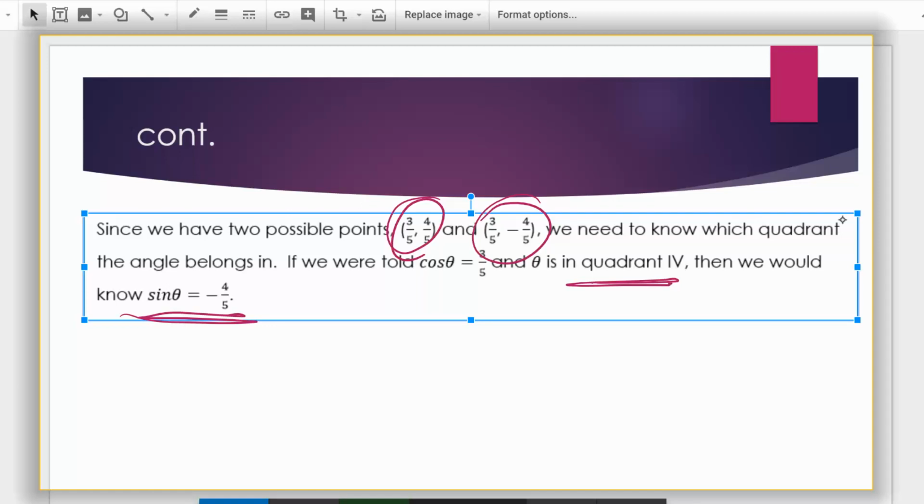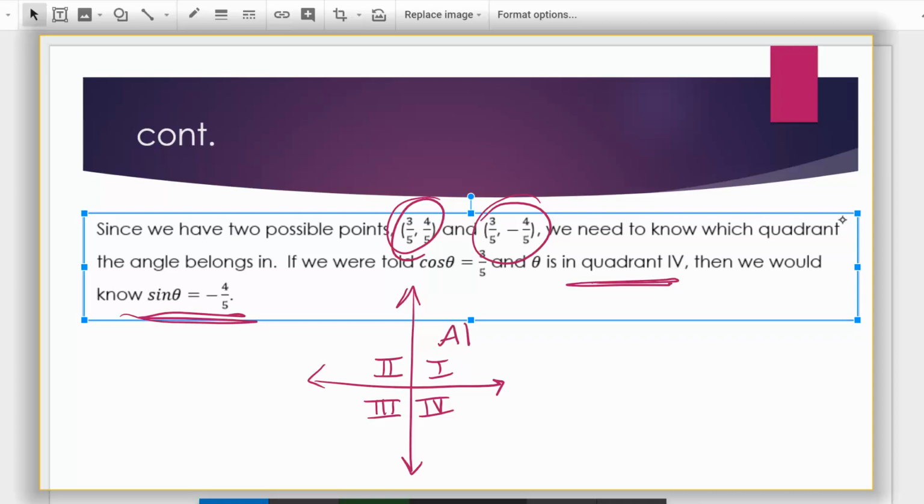How do we know that? Well, if you remember, when we have our axes and our quadrants, 1, 2, 3, and 4, different quadrants are positive for different trig functions.